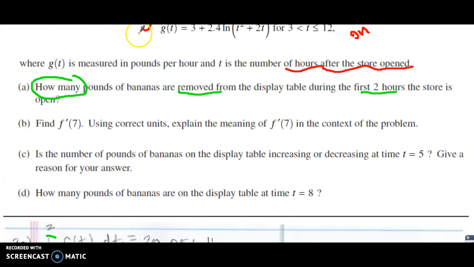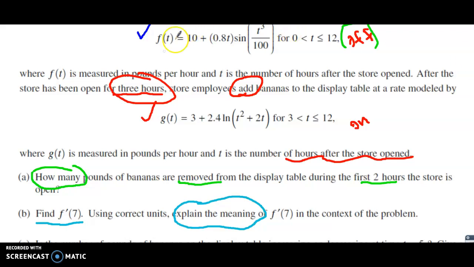All right, letter B. Find f prime of 7. That's pretty direct. That's telling you exactly what to do. But then we have to use correct units to explain the meaning of f prime. So let's think about that. f is already measured in, let's go back up here, f is already measured in pounds per hour.